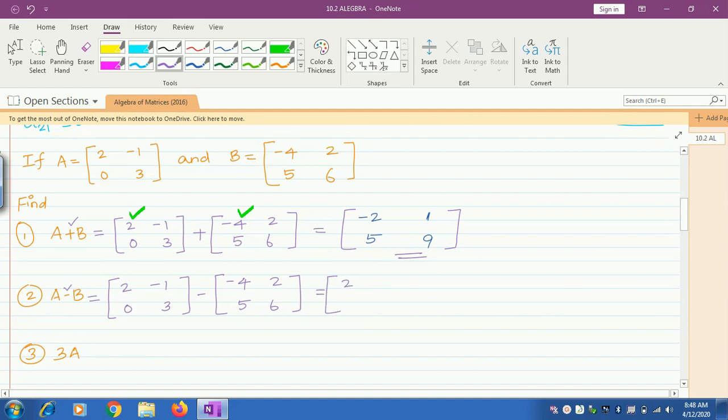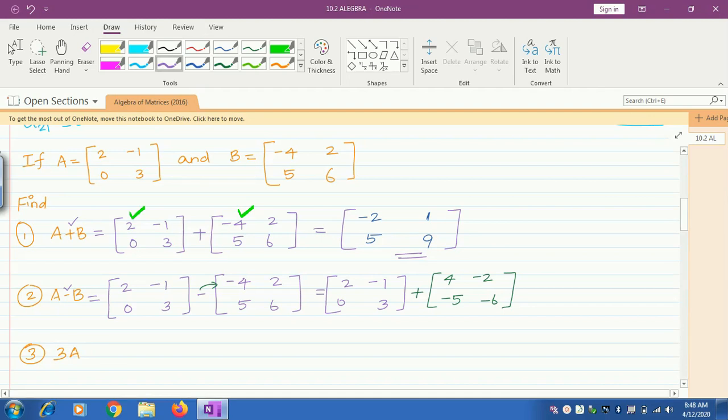So here 2, minus 1, 0, 3, and then I have to multiply each and every term inside by minus. Multiply the minus, it becomes plus. You will get minus into minus, plus 4. Here you have minus 2 and minus 5, minus 6. Just you have to change the sign. Why? You are multiplying the minus with each element of the matrices.